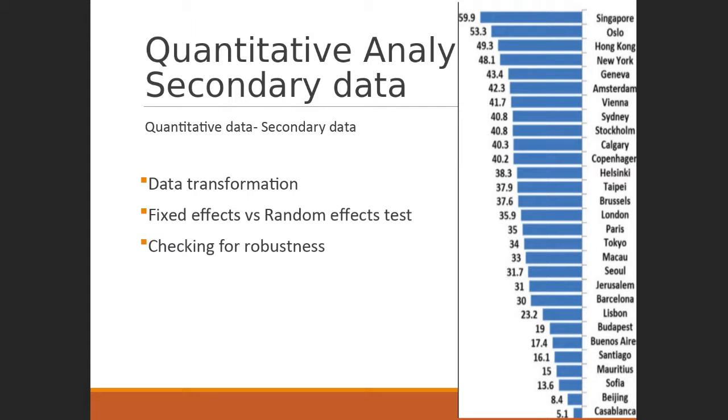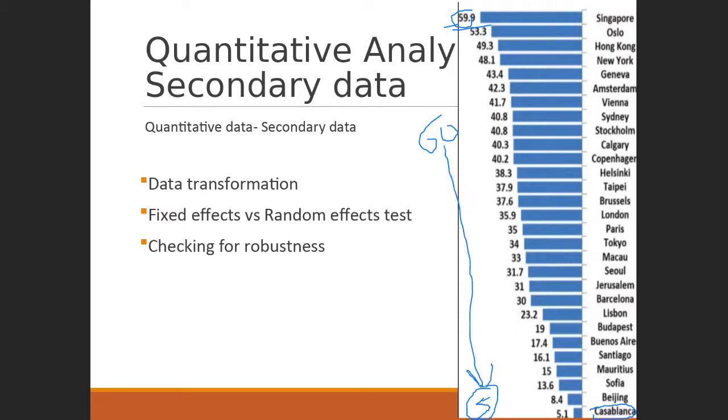For instance, take this example given in your slide, the per capita income of citizens living in larger cities in the world. If you see Singapore, it has the highest per capita income, which is closer to $60,000 annually. And if you look at Casablanca, which is a city in Morocco, its income is just $5,000 annually. So see the difference.